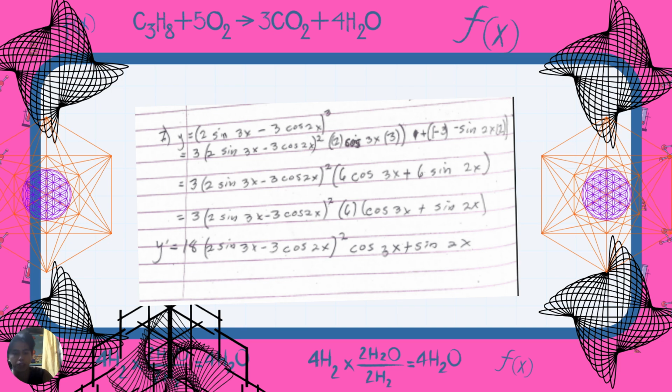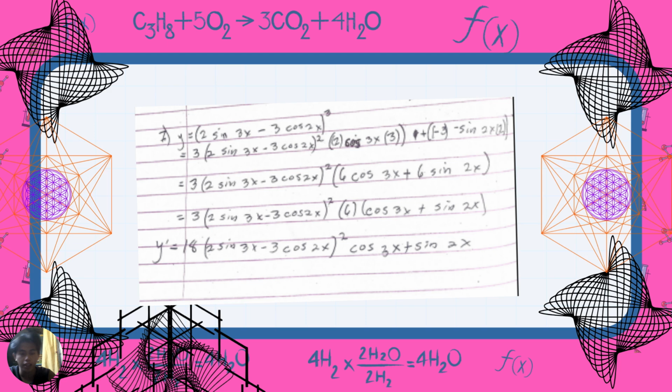So it would become 3 times 2 sine 3x minus 3 cos 2x squared, and then 6 cos 3x, since 2 times 3 equals 6, plus negative 3 times 2, it equals negative 6, and then negative 6 times negative sine, it equals 6 sine 2x.